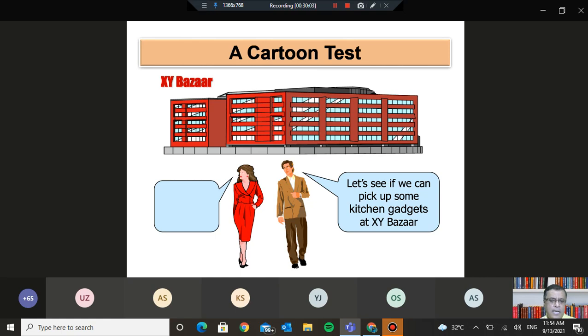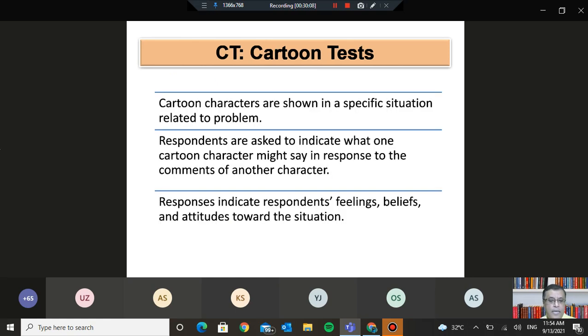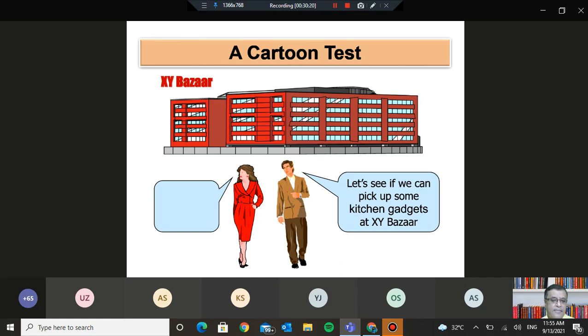So based upon this, as in the previous slide, we can find out what kind of feelings our subjects have regarding this particular situation and setting. Suppose one person says, let's see if we can pick up some kitchen gadgets at this XY bazaar, and the other person responds, I don't expect this outlet to have the kind of gadgets that I require.